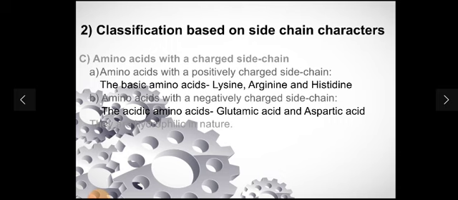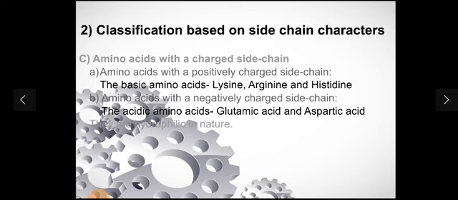We are still under this classification that is based on the side chain character. We have amino acids with charged side chains, so they are polar and they are charged. The ones that are positively charged are the ones we say are basic amino acids, something like lysine, arginine, and histidine.